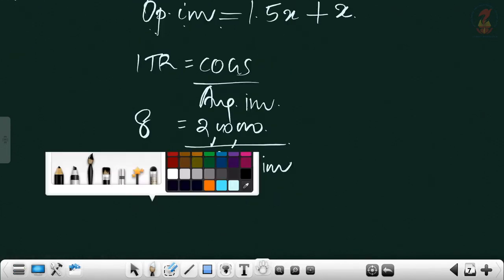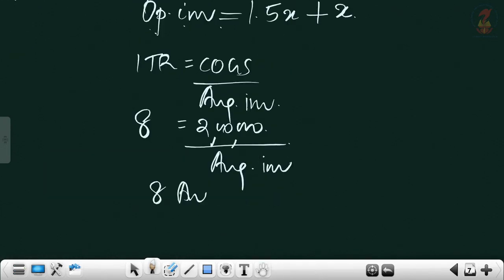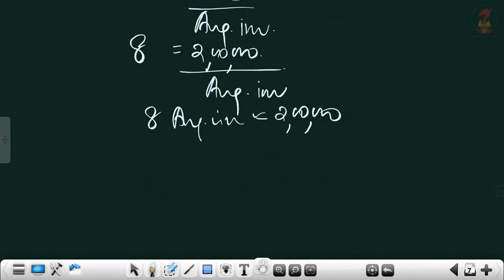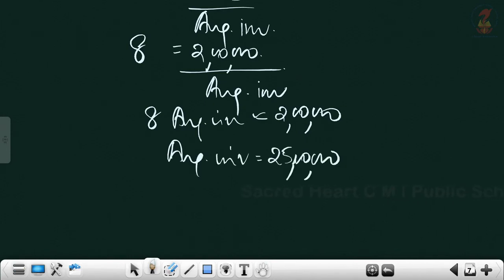Just compute average inventory now. 8 into average inventory will be equal to 2 lakhs. And now your average inventory will be equal to 25,000. That is 2 lakhs by 8.